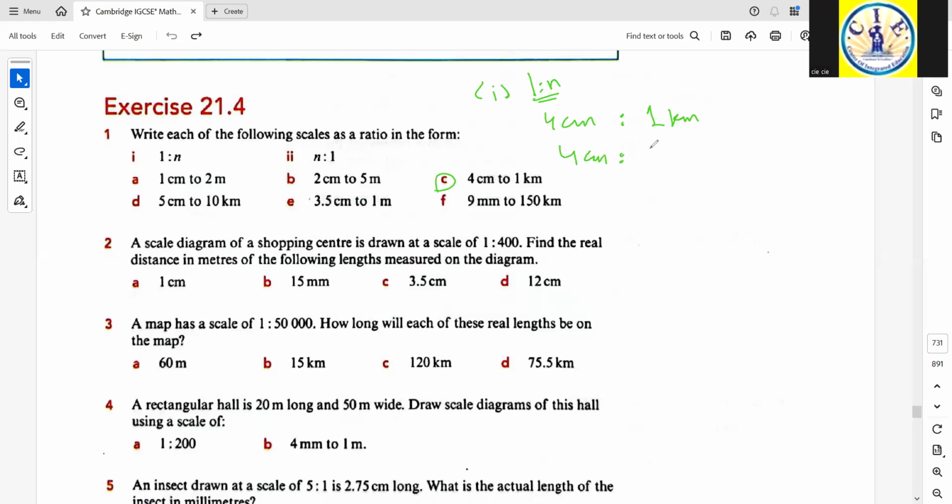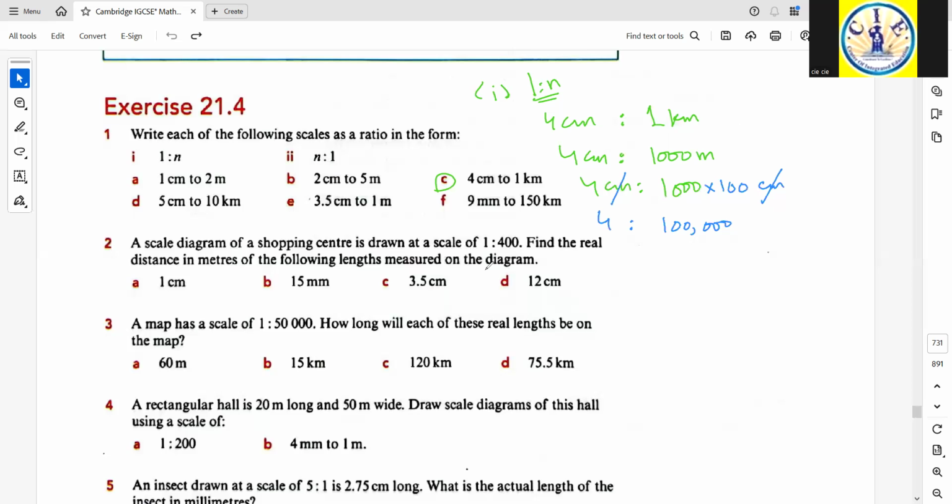We know that in 1 kilometer there are 1,000 meters. Now for 1 meter we need to do it again into centimeters. So that would be 100. Centimeter gets cancelled out. We get left with 4 is to 100,000.